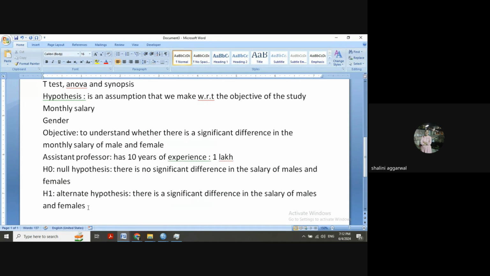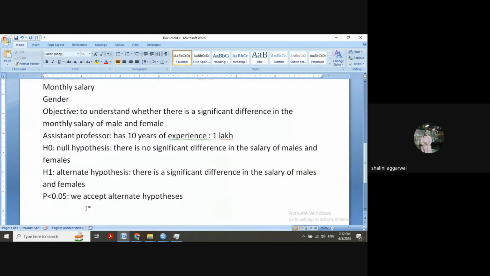How do we know which one will be true? If p-value is less than 0.05, we accept the alternate hypothesis. I'll tell you later, when we do the numerical and apply the t-test, what exactly it means.